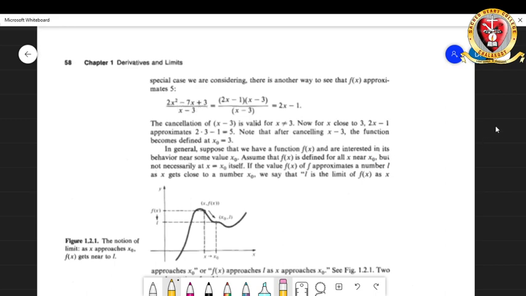How do you factorize? This is a quadratic form, right? So you take the product of the first coefficient of x square and the constant. That means 2 into 3, that you get 6, plus 6.